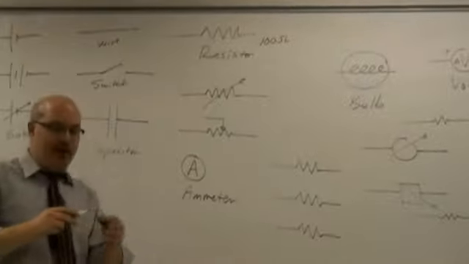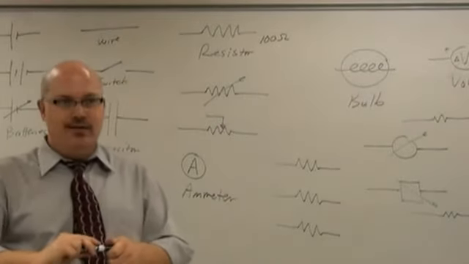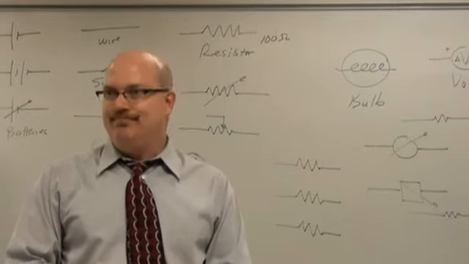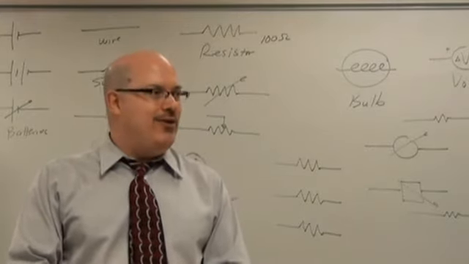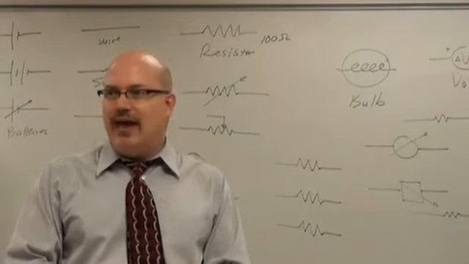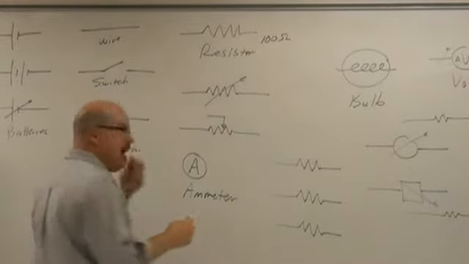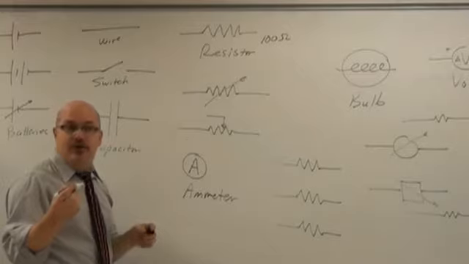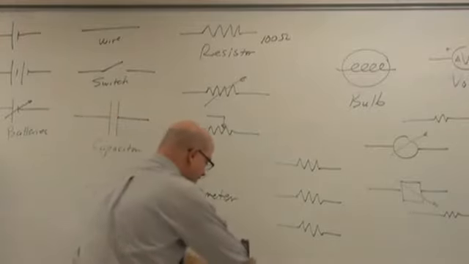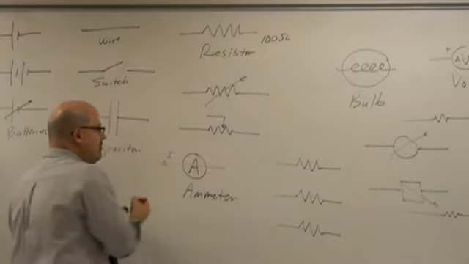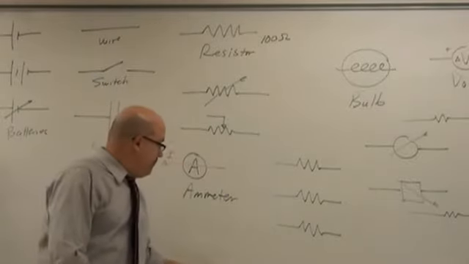It's not an amp meter. It's an ammeter. I know everybody wants to say amp meter, or occasionally you stutter and say ammeter, but it's just ammeter. Now for this one, everybody, I want you to draw this little helper for you. It measures the current that goes through.